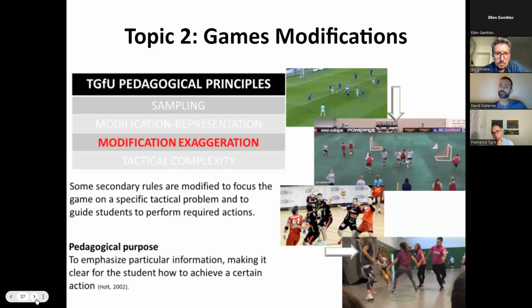And it's very difficult in a full game to have a situation like the one in the pictures. So we need to make it possible to learn it, and to have the opportunity for all the learners to practice it different times during the game. So next slide, please.